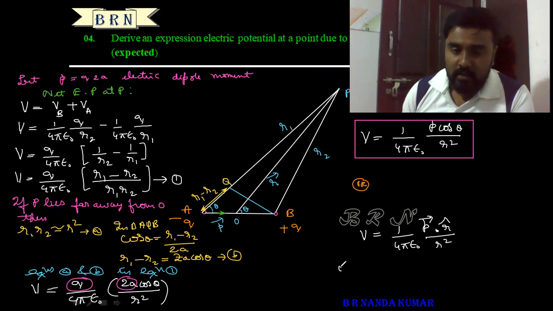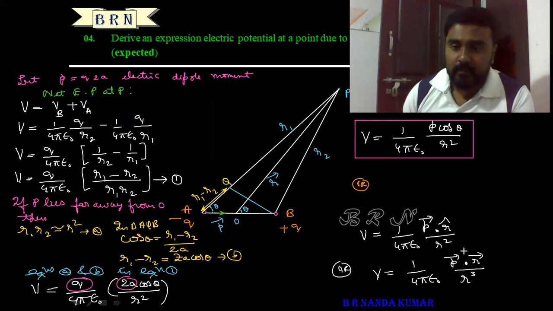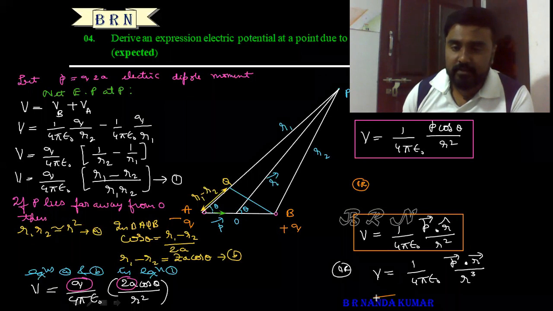Or in other words, V equals 1 divided by 4 pi epsilon naught, P vector dot R vector divided by R cube. Complete. Very important 5 mark derivation. Finish.